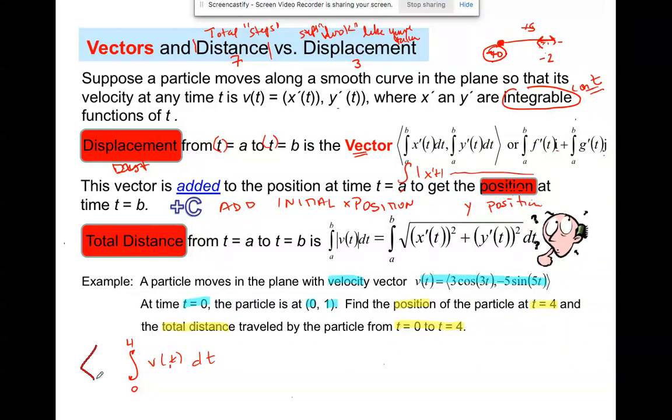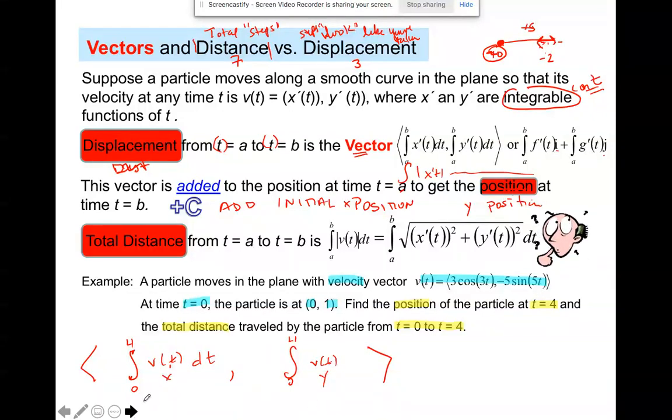So that's the x component. And the y component is the integral from 0 to 4. The velocity x, I should say. And this is the velocity y.